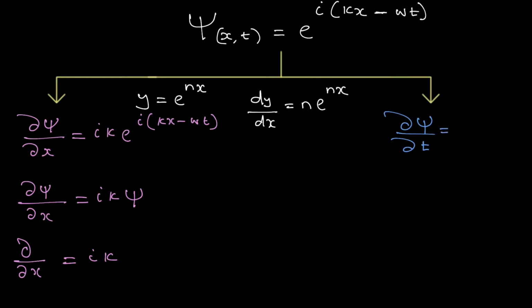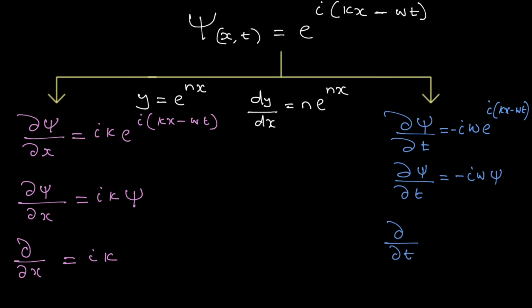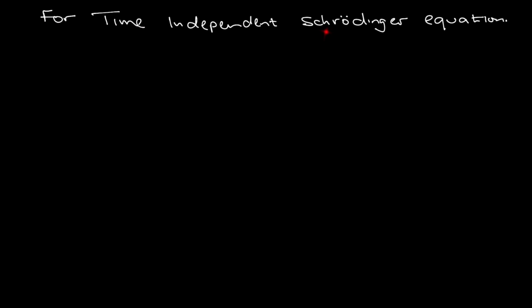We get e^(i(kx − ωt)) times −iω, and that will be the partial derivative of ψ with respect to t equals −iω ψ. ψ we cancel out on both sides of the equation, and then we get the partial derivative with respect to t equals −iω. For the time-independent Schrödinger equation, we use the partial derivative with respect to x equals ik.